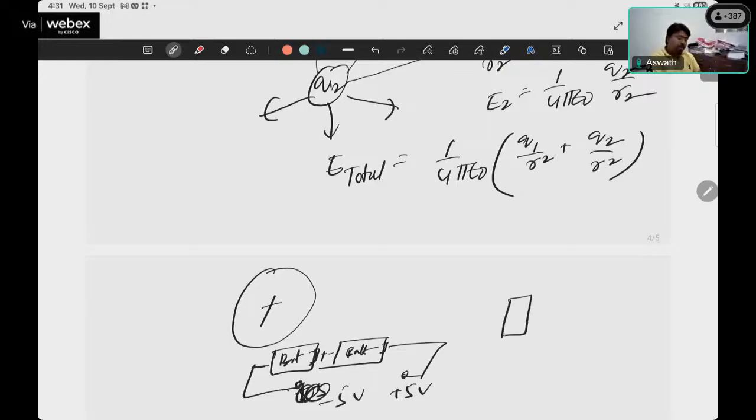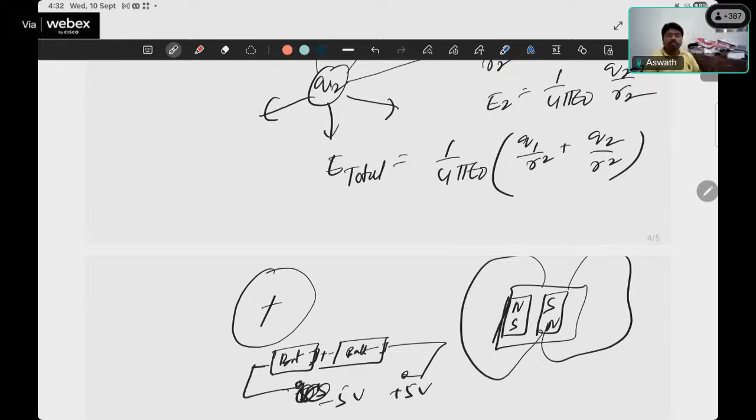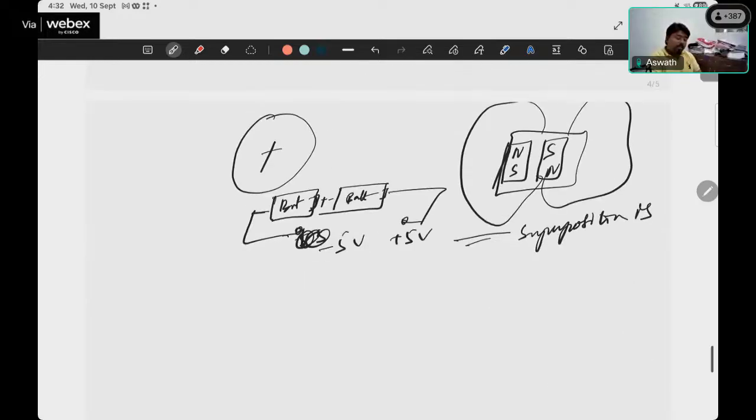In the case of magnetic field, north south, south north, it is going to generate a large bar magnet with increased strength. That is a superposition in the classical world. But when it comes to the quantum world, see here, superposition is not giving any ambiguity.